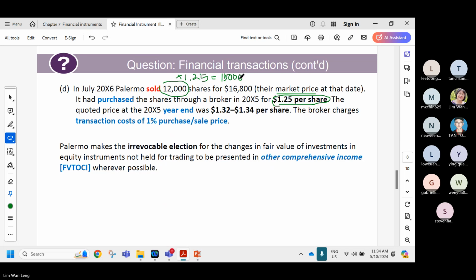Okay, so it has purchased the shares through a broker. That means they are selling off some of their investment in equity instrument. Then the quoted price at 20X5 year end was 1.32 to 1.34 per share.